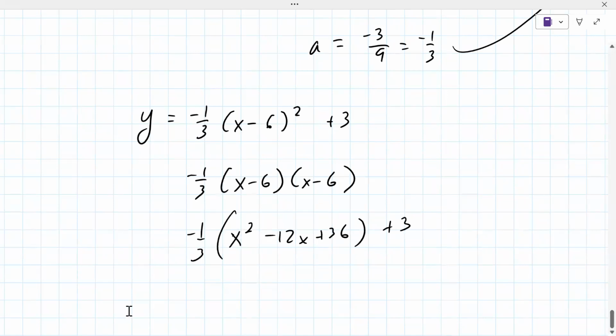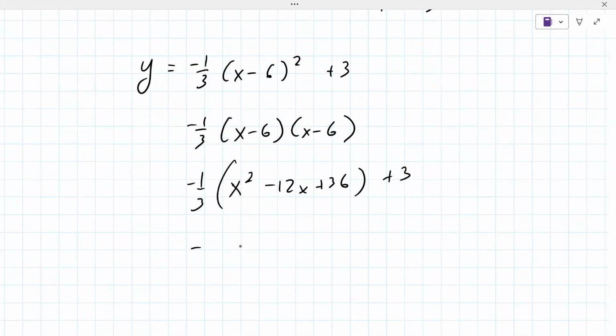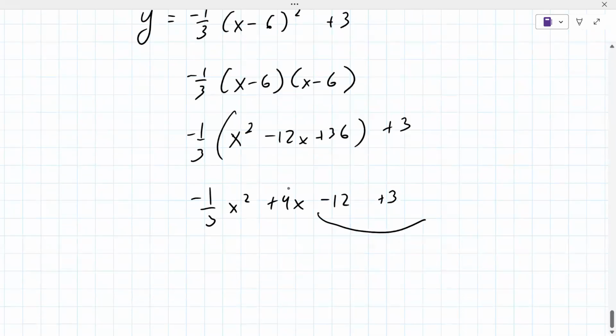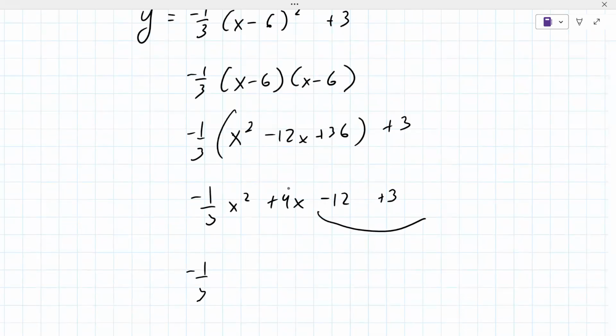And then you multiply in by the -1/3. So -1/3 x squared plus 4x minus 12 plus the 3. And then you can combine those: -1/3 x squared plus 4x minus 9. All right. We're going to stop there for today.